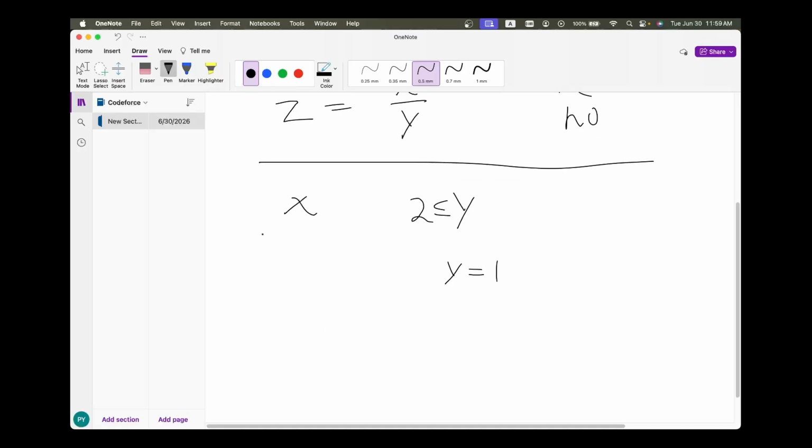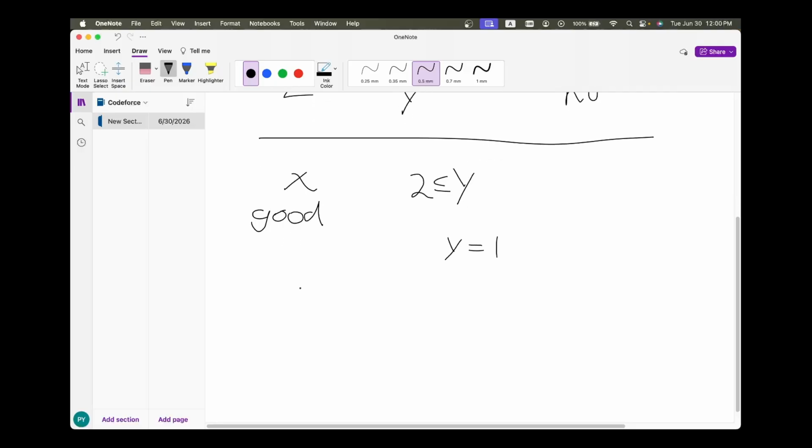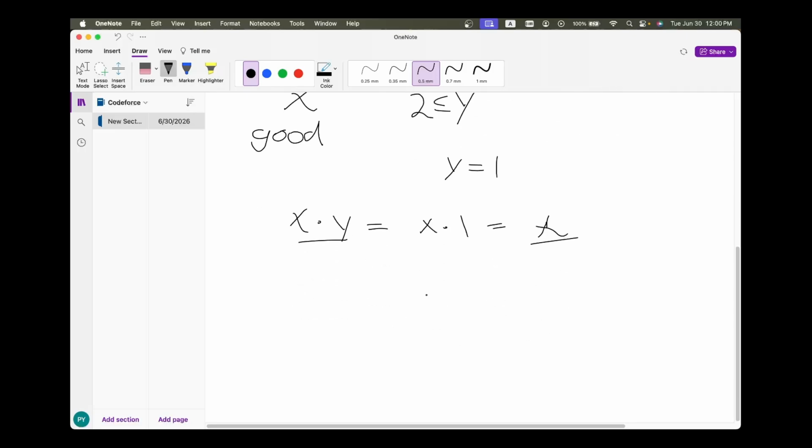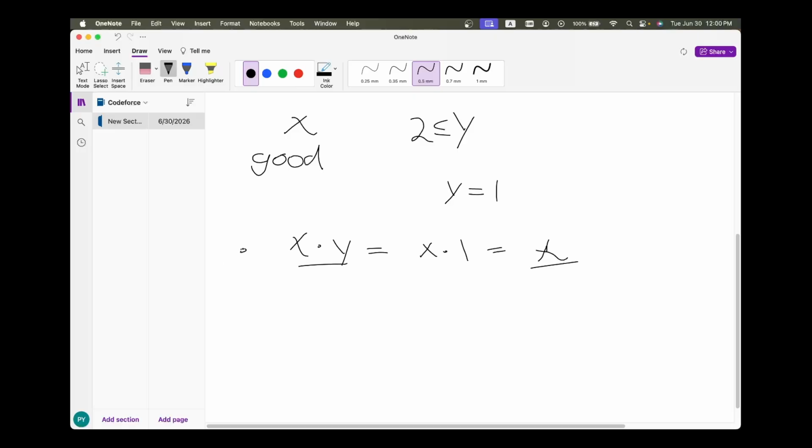First, you already know x is good, which means it's made out of two distinct digits. So of course, when y is 1, you would just get x times 1, which equals x. And since x was good to begin with, the result x times y is also going to be good. So we're happy, right? This is what we want.